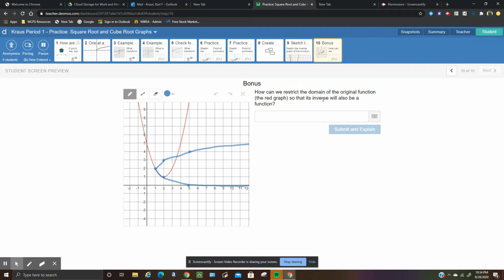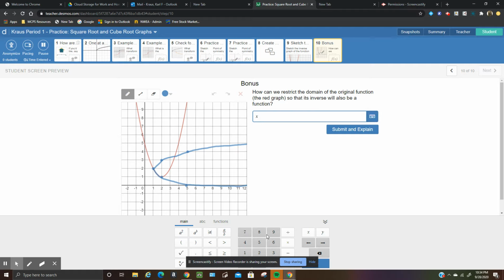How can we restrict the domain of the original function, the red graph, so its inverse will be a function? So if I say x is greater than or equal to 2, this vertex is at 2, 1. So if I just graph the inverse of this branch, it would be this top one.